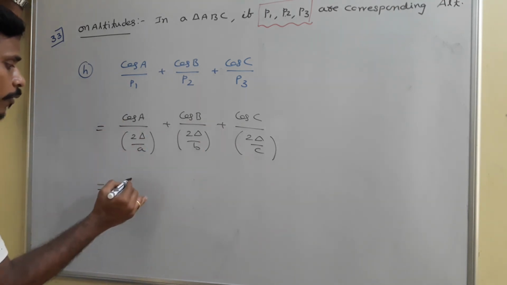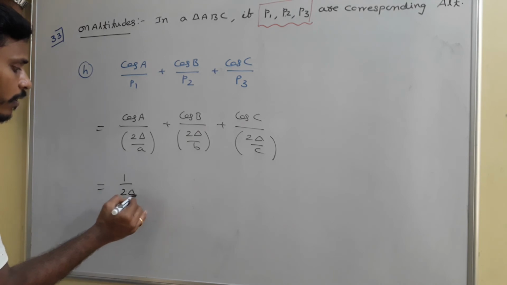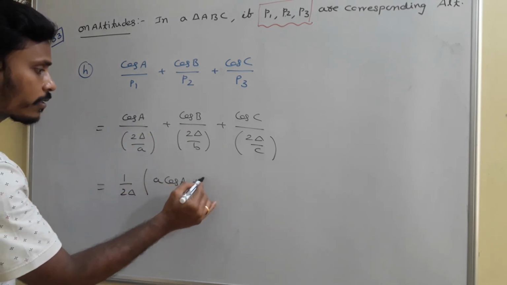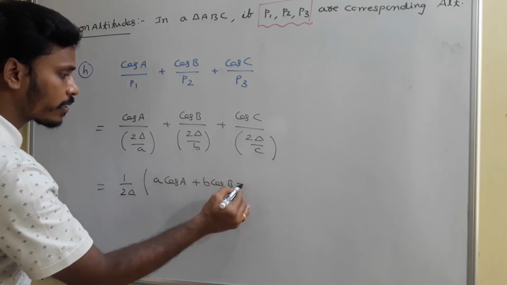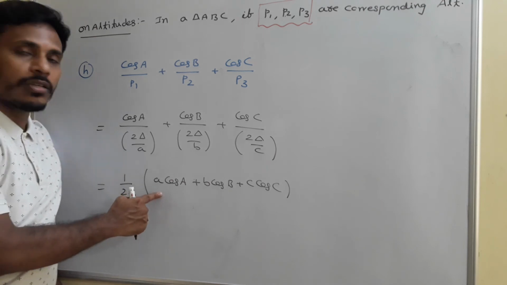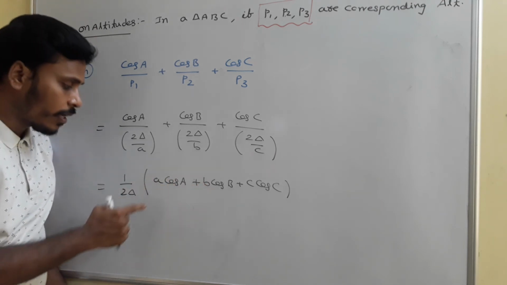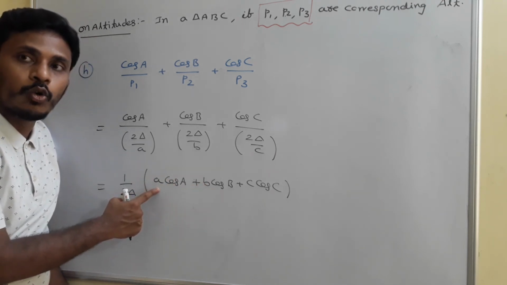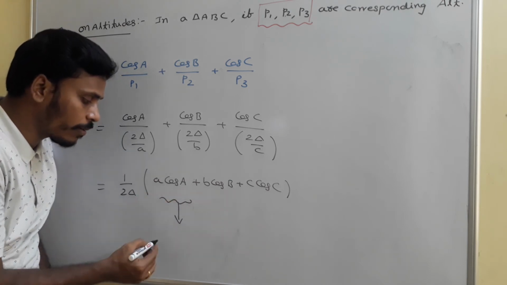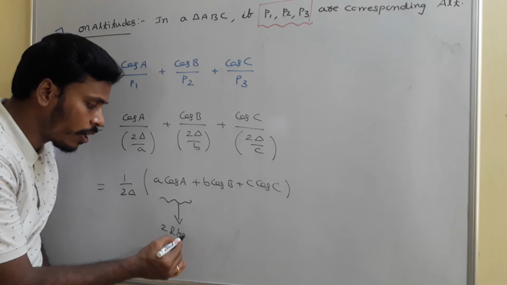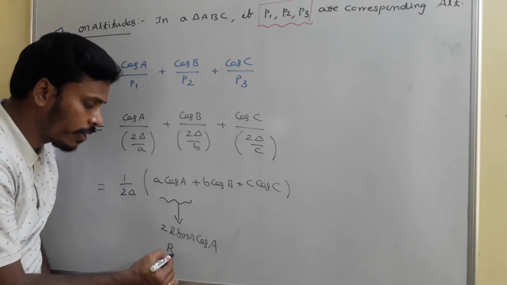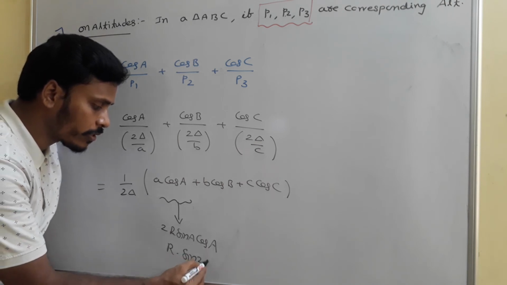And at the end, send this A, B, C to the numerators and we are left like this. Okay, what we have, 1 by 2 delta is a common thing for each and every term. Then A cos A plus B cos B plus C cos C. This A can be written by the sine rule as 2R sin A. So this A cos A is simply nothing but 2R sin A into cos A. So if you separate this R, it is just R into sin 2A.